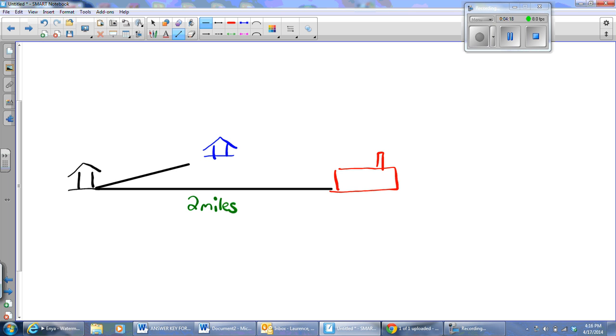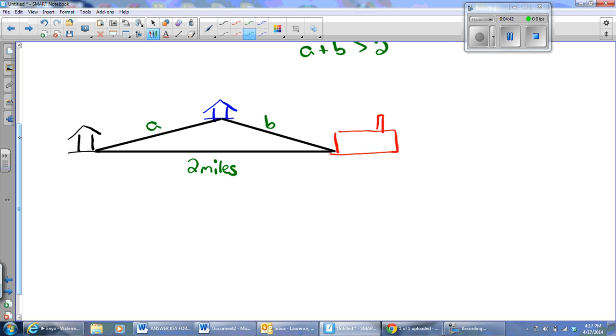Well, if I walk this distance here and that distance there, have I walked 2 miles? Hopefully you're thinking, no, you've walked more than 2 miles. If I call that side A and that B, A plus B is going to be more than 2. Well, how is that relevant to what we just did? In any triangle, the sum of the two smaller sides must be greater than the third side.